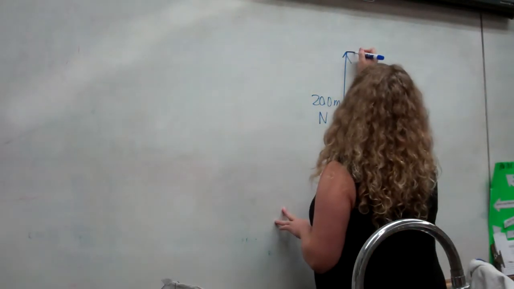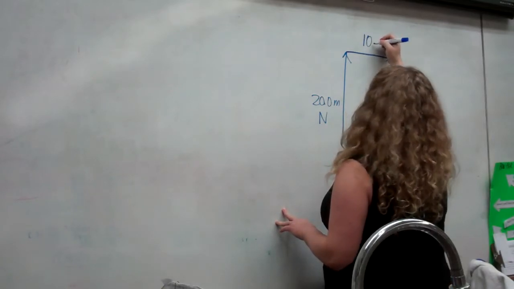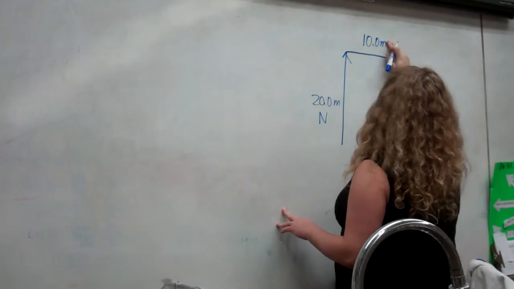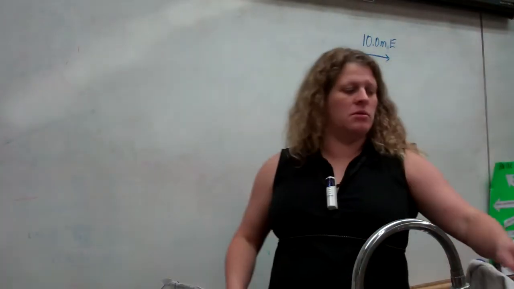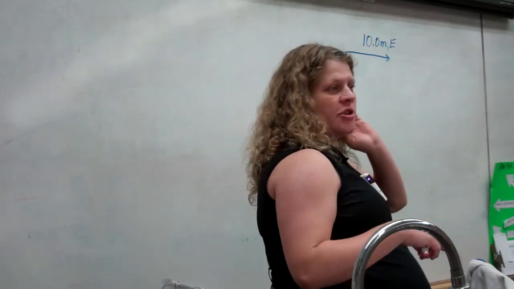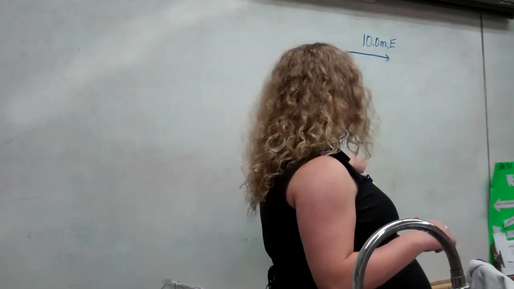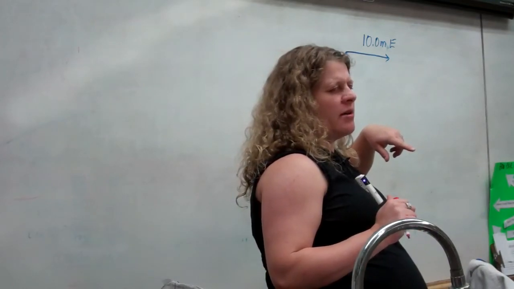Then I turn and I head 10 meters east. I want to know what my resultant vector is. So we know from our experience yesterday that the resultant vector is going to be a line that connects the what of the first vector and the what of the second.